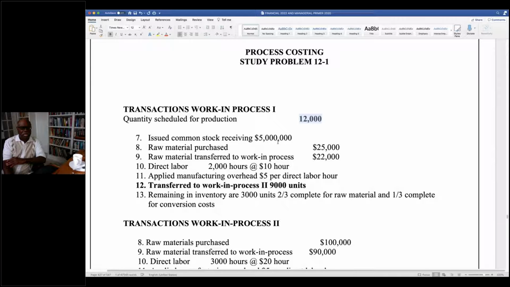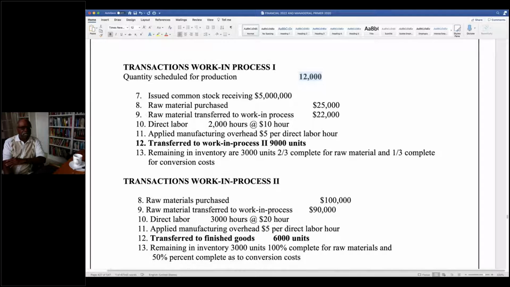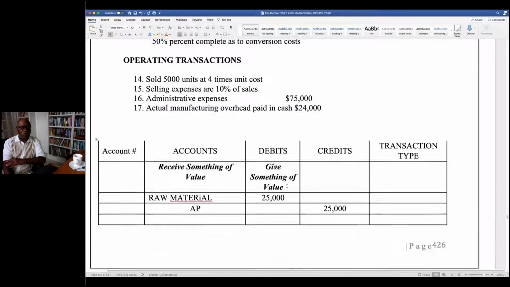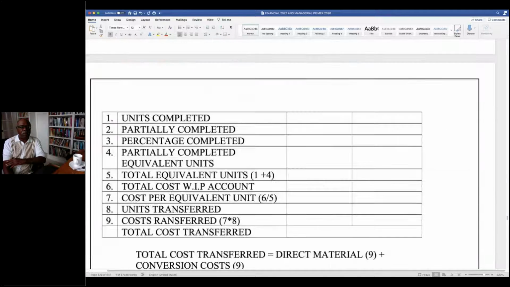They issued common stock. We'll ignore that journal entry. They purchased raw materials, transferred to work in process. So they made these entries. Then here's that key transfer entry here. And they say what's remaining. And we go over it again.